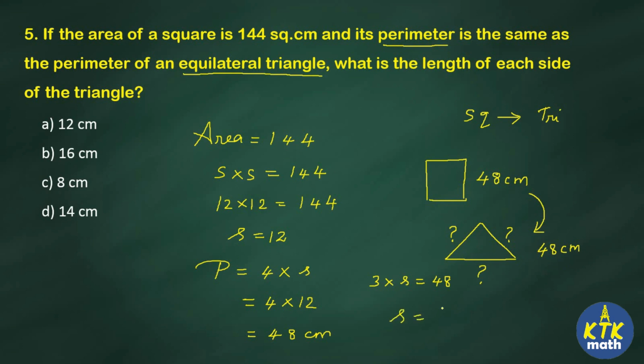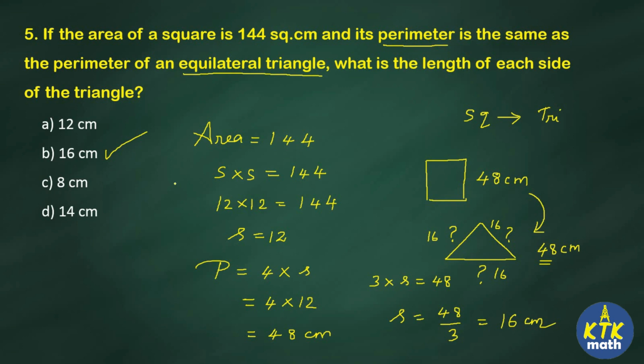So 3 times what number is 48? Just divide. Yes, I hope you got the answer. It is 16. So when each side of the equilateral triangle is 16, your sum will be 48 centimeter. Therefore, the answer for question number 5 is 16 centimeter.